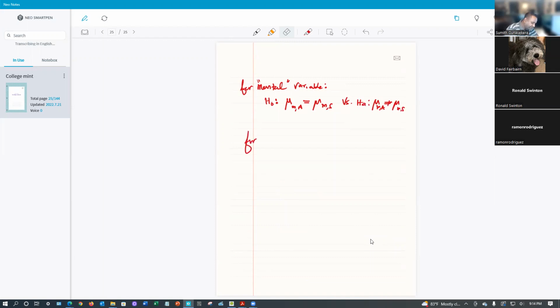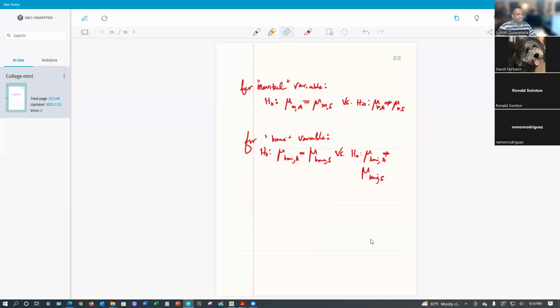For the other variable, the BMI variable, I'm going to do this separately. H naught: mu of BMI in the active group equals mu of BMI in the sedentary group, versus its counterpart, mu BMI of the active group not equal to mu BMI of the sedentary group.